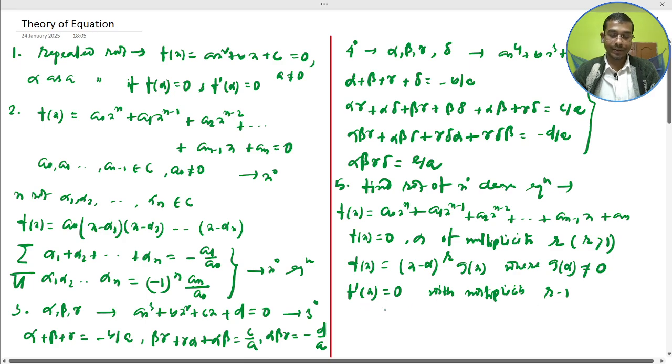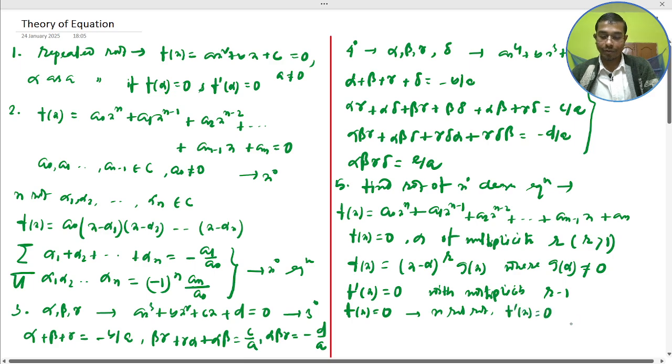This is the first case. So for f(x) = 0 having n real roots, f'(x) = 0 has n - 1 real roots.